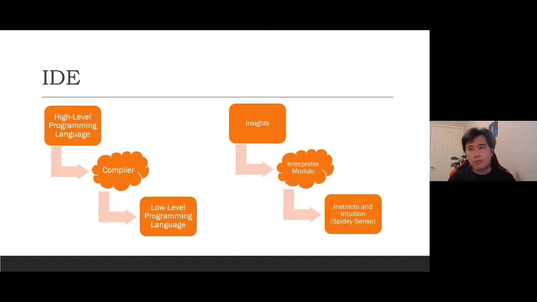So a high-level programming language would be like JavaScript, C#, or a lot of the VB script and all that too, right? And the lower level you go, the harder it is to program or to identify bugs or issues.